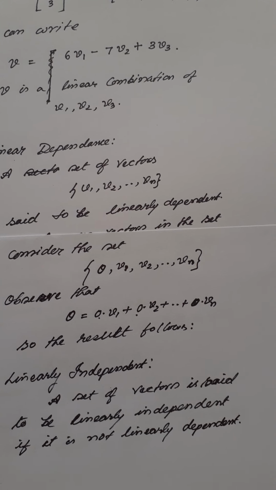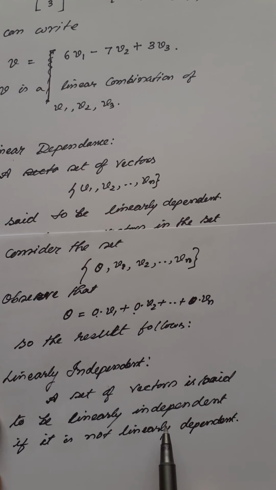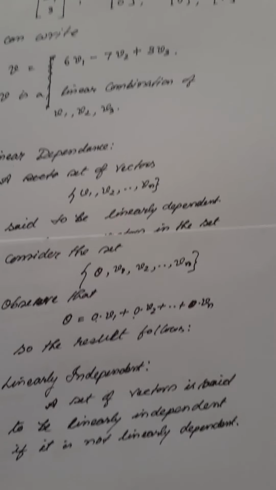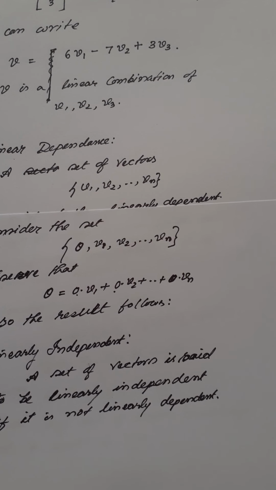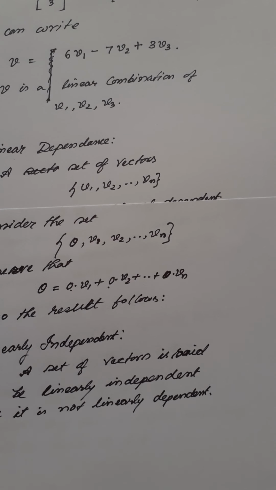So a set of vectors is said to be linearly independent if it is not linearly dependent. We now write steps to check whether a set of vectors is linearly dependent or not.